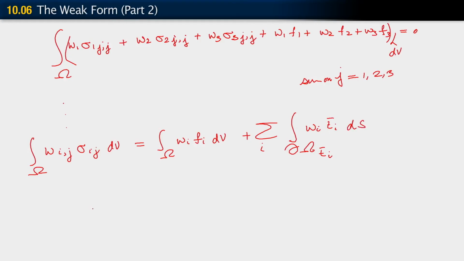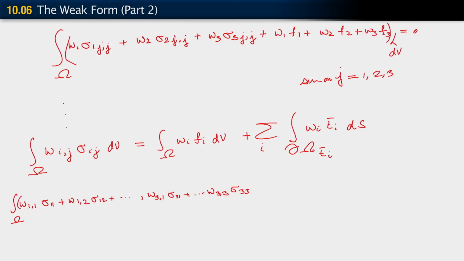Now, the explicit form of this is the integral over omega of w1 comma 1 sigma 11 plus w1 comma 2 sigma 12, and somewhere along the line we come upon w3 comma 1 sigma 31, until finally we come to w3 comma 3 sigma 33.